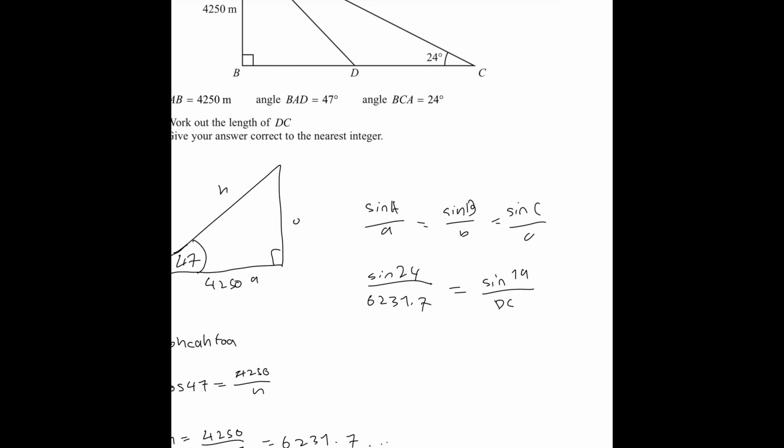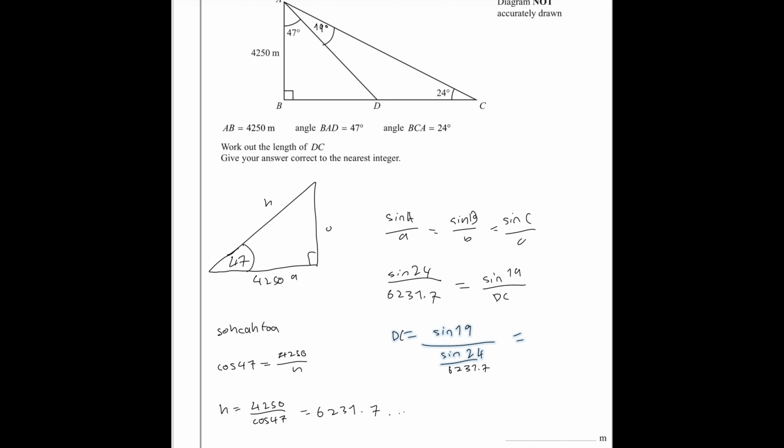So just rearrange for DC. DC is going to be equal to sine of 19 divided by sine of 24, divided by 6,231.7, sorry, this is kind of written badly.